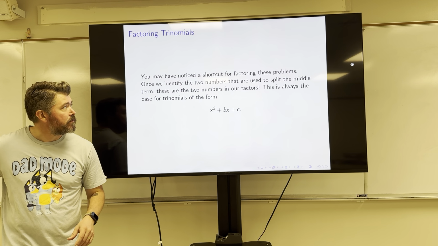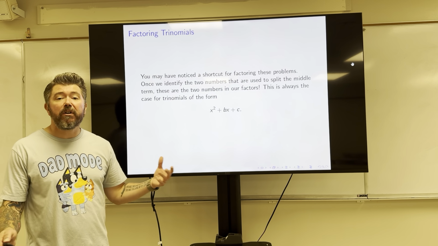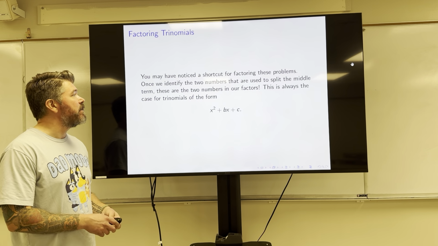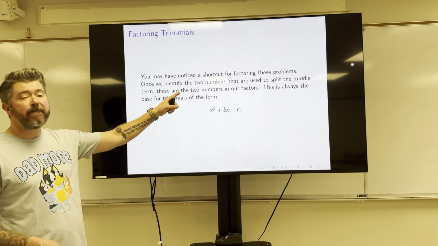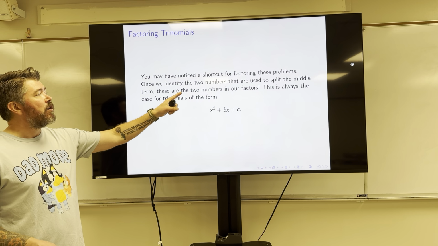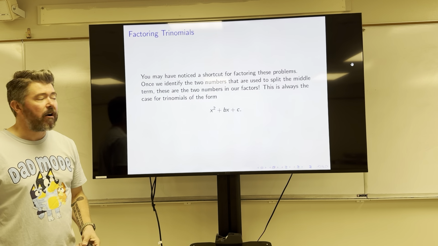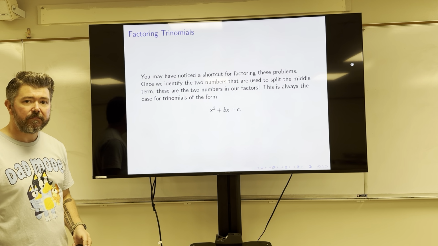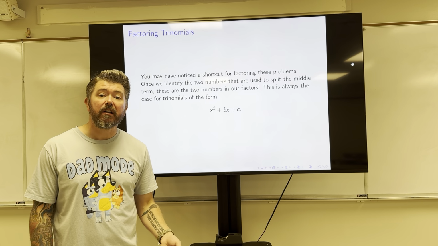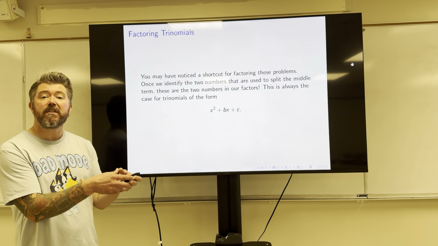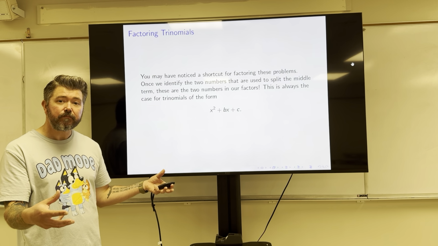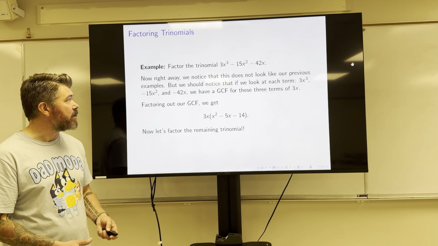Okay, so you may have noticed a shortcut for our factoring. Once we identify the two numbers, these are the numbers in our factor. Okay? And that's actually the trick. Once we find the numbers that appropriately split it, those are our numbers.